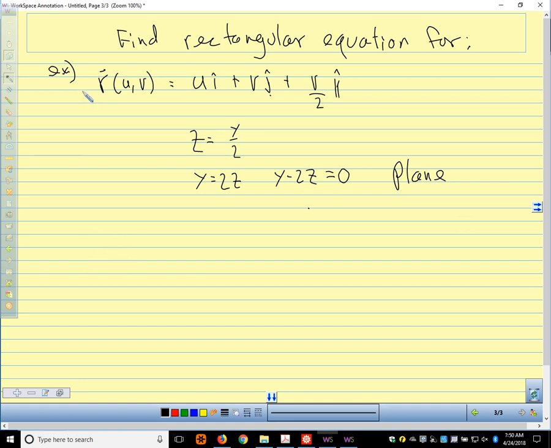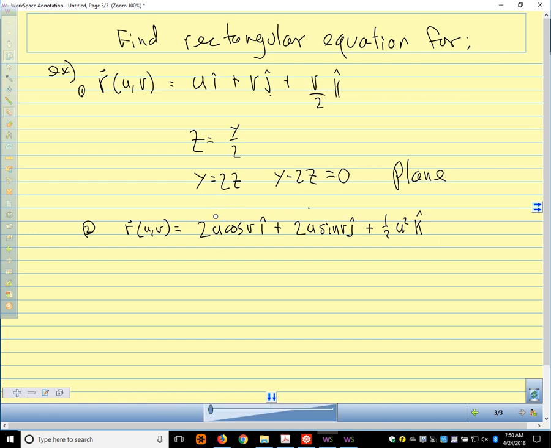So there's number 1. Number 2, r of u and v equals 2u cosine v i hat plus 2u sine v j hat plus 1/2 u squared k hat. Let's look at the x and y components together. So x squared plus y squared.